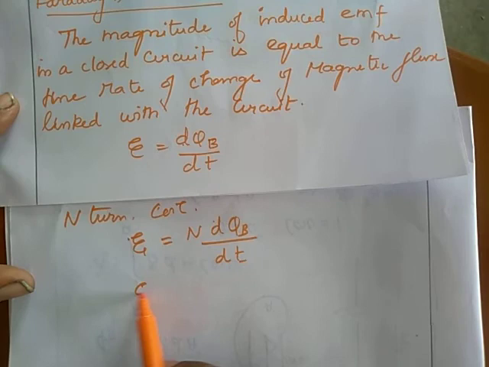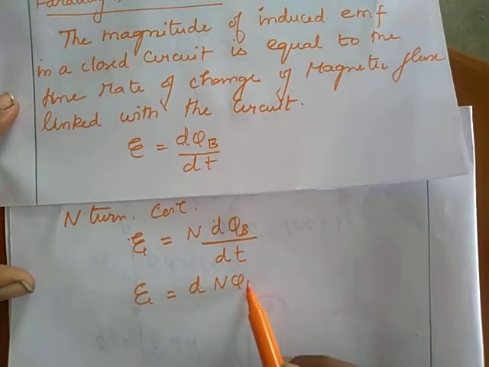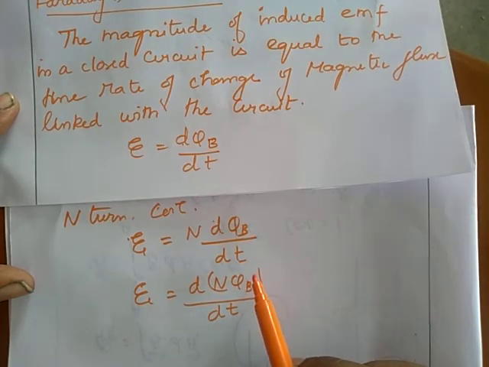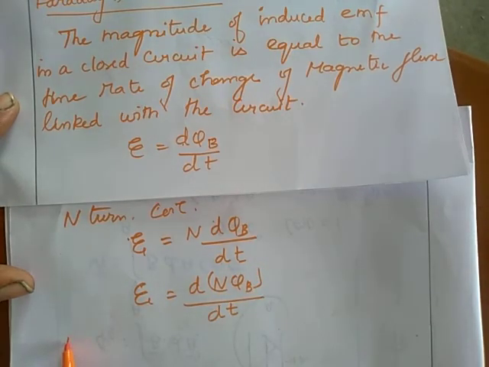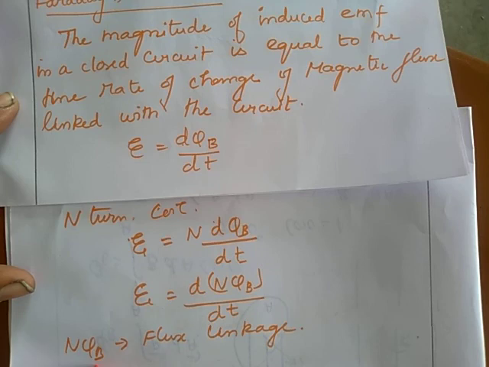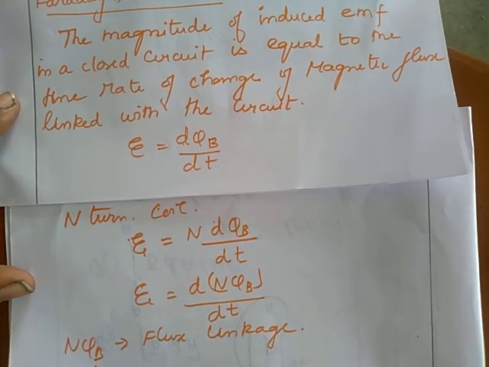Okay, we can write ε = d(NΦ_B)/dt. This NΦ_B is the flux linkage, or we can call it the total flux. It is the product of the number of turns and the magnetic flux linking with each turn. Φ_B is the magnetic flux linking with each turn. Okay, thank you.